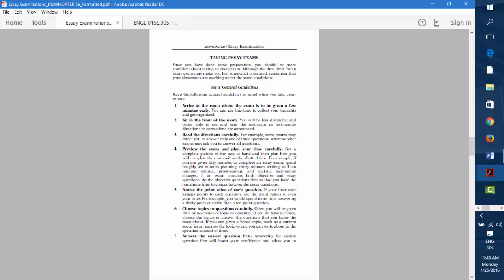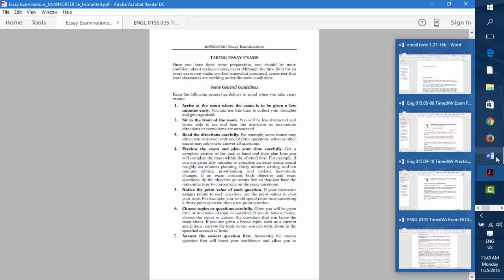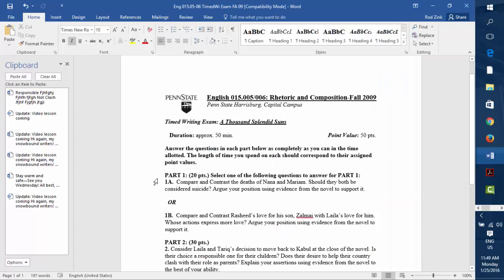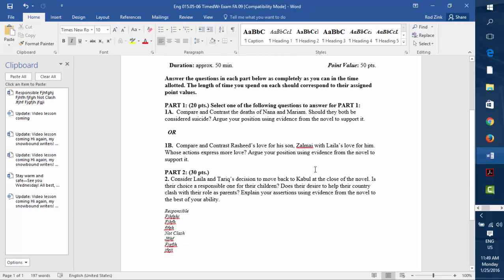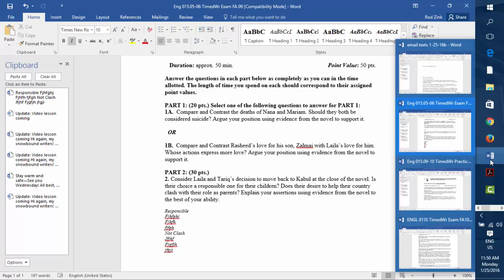By the way, at the beginning of the exam, if there are different sections, it's a good idea to jot down when you should be done with different parts of it. So like here, you might want to jot down when you want to start part one, when you want to start part two, that sort of thing, so you know exactly when you should be finishing up. If you give yourself notes like that, that seems to help, and that way you'll know if you're running over or running behind. Okay.